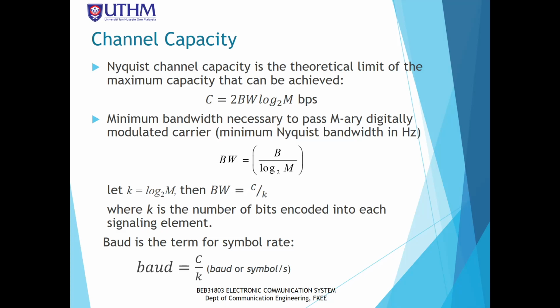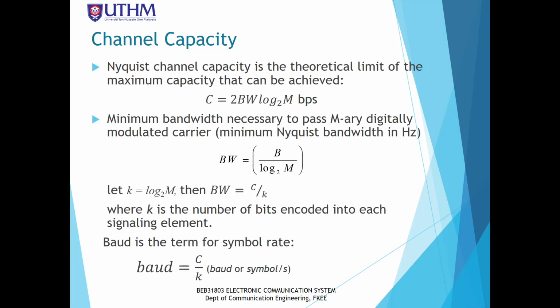Remember, if the transmitter follows these capacity values, that means the receiver is capable of decoding the transmitted signal back to the original input data.